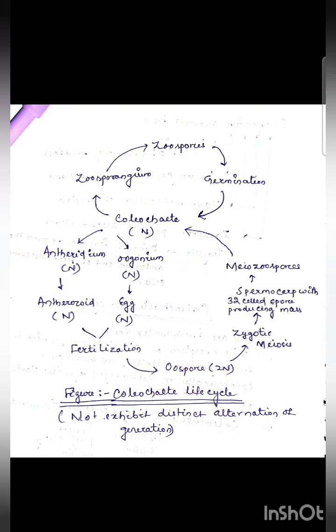Then it has antheridium and oogonium or carpogonium, which produce antherozoid and egg. After fertilization, it forms oospore or zygote, which is diploid in nature. Then zygotic meiosis occurs to form a spermocarp with 32 spore producing mass. Then meiozoospores are formed. Then from meiozoospores, a new Coleochaete plant will be formed. Okay.